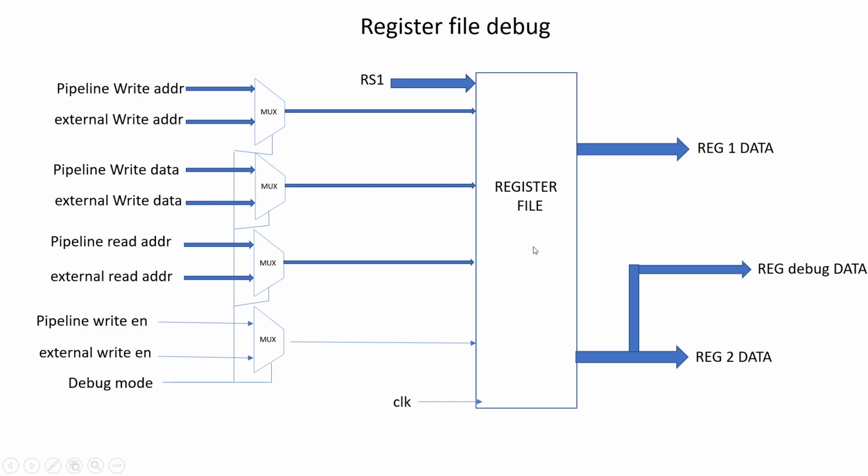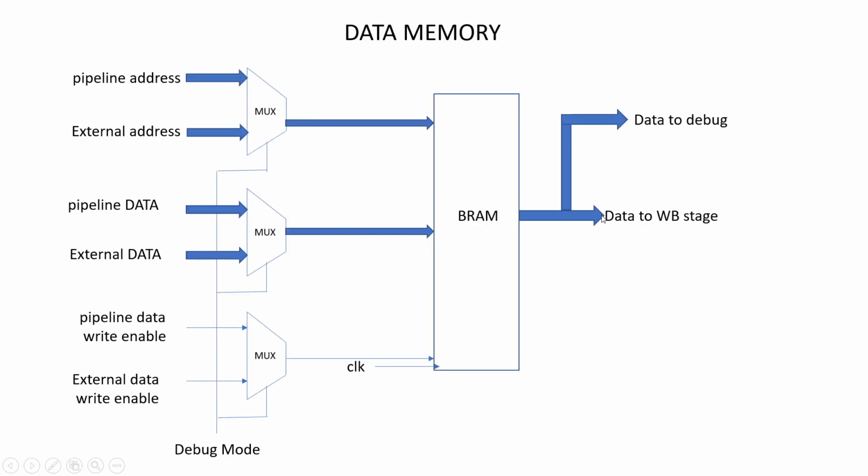To read from the register file, we'll only be reading from register 2, and since we have made sure that we are writing the same data into both the VRAMs inside the register file, this should tell us the data in both the locations.